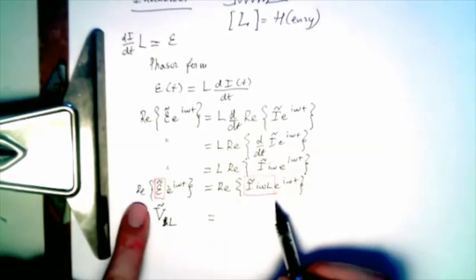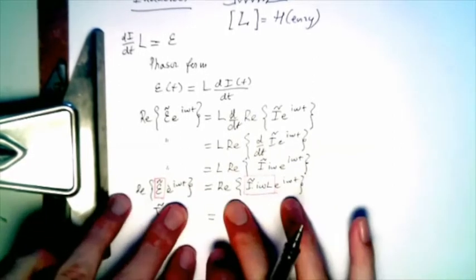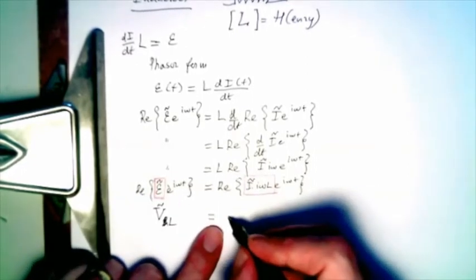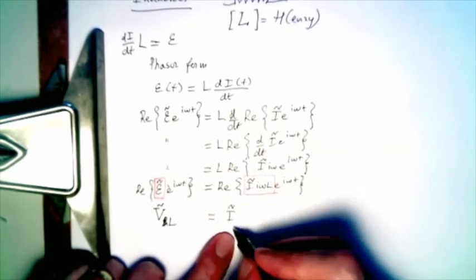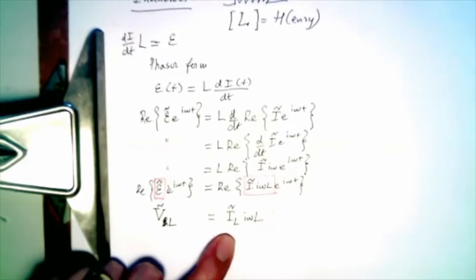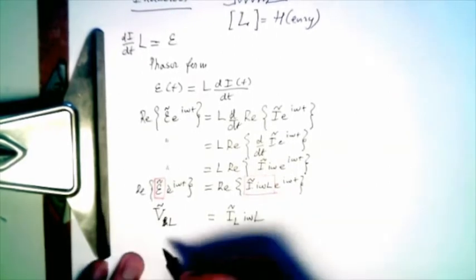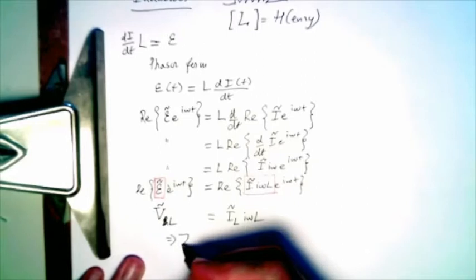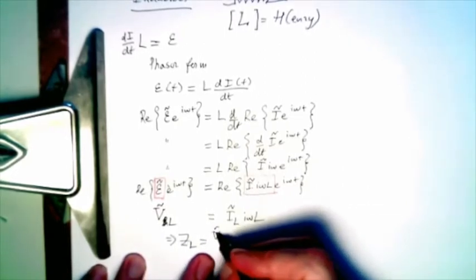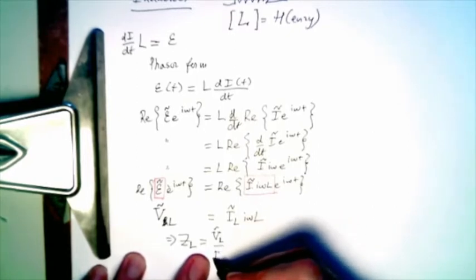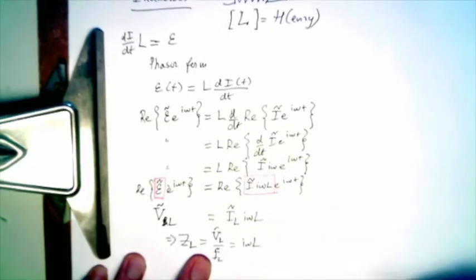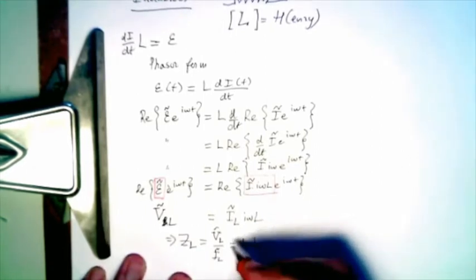So if it holds for the real part, then there's really no reason to assume that it doesn't hold for the arguments. So this is going to be I, and that is the current that runs through the inductor, i omega L. Therefore, the impedance of an inductor, the voltage phasor over the current phasor, is i omega L. There you go.